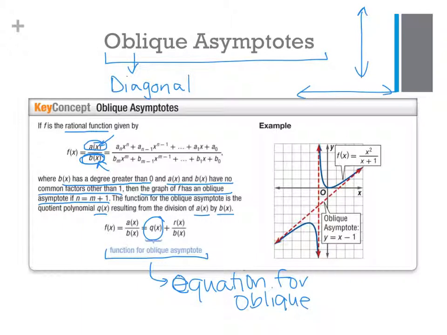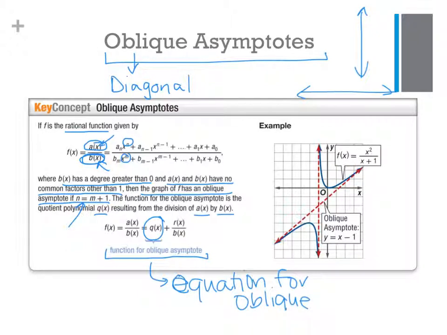Now, just to give you an idea here, just to discuss this n equals m plus 1, n is the degree of the numerator, m is the degree of the denominator, or the highest exponent, only if n equals m plus 1.